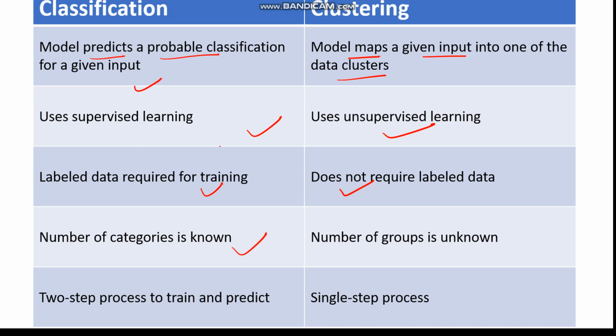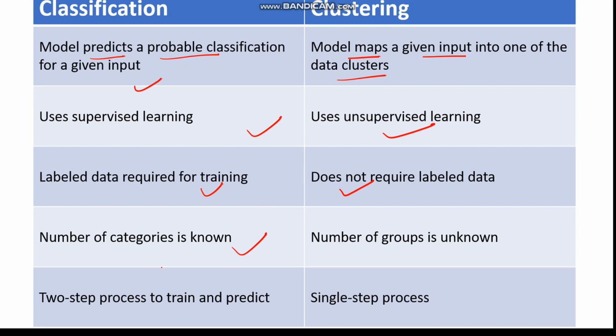The number of categories is known when we are performing classification, but when we are talking of clustering, we are not aware at the end of how many clusters will be formed. Suppose at the initial stage we have been told to make 5 groups, but at the end when the result comes, it may be 10. A total of 10 groups may be formed based on the similarities.